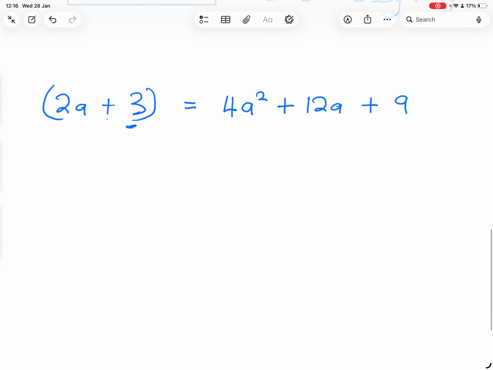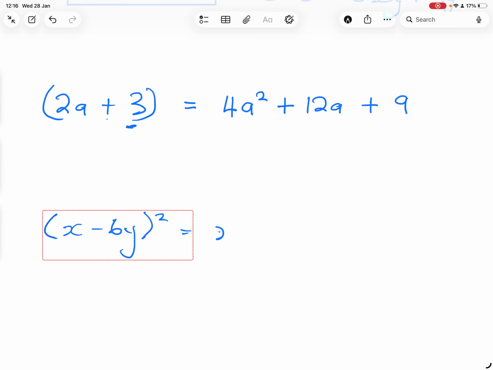Okay, and take the last one. So that's x minus, let's say 6y, squared. Okay, let's go for it. What are you going to have? That will be x squared. We said for the middle term, you take the product of the x times negative 6y. That will give us negative 6xy.